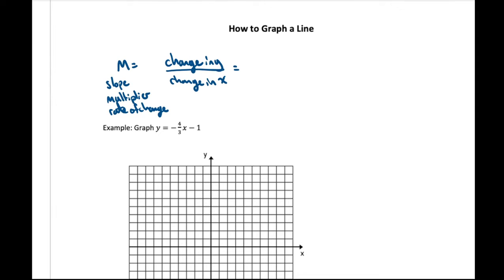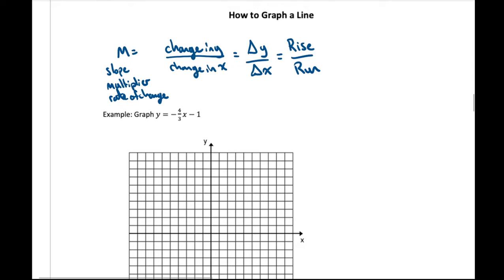We've also represented it as delta y over delta x. Now we're learning a new way, which will help us focus specifically on graphing, called rise over run. It's still the same formula, still meaning the same thing, just a more visual way to represent it.